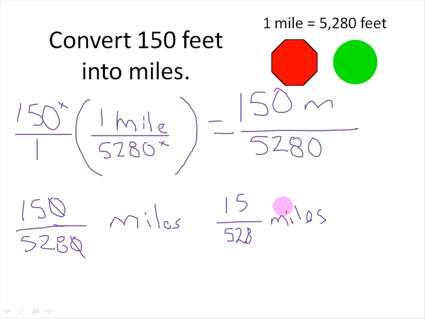And if I did the top in, bottom out on this puppy here, I would wind up with 0.0284 miles. So 150 feet in miles is 0.0284, correct to 4 decimal places.